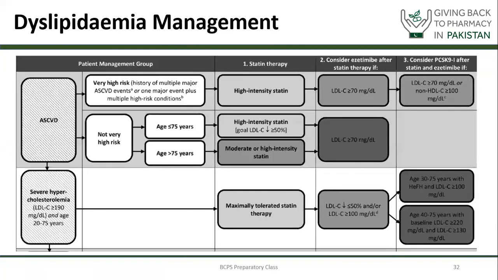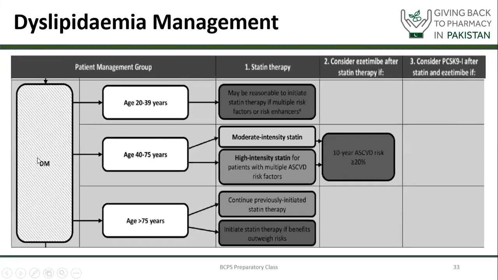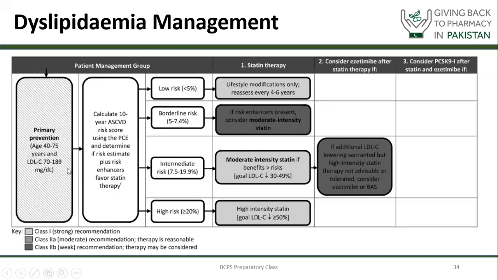So dyslipidemia management, as I have told, the patient management groups, they have divided the patients in four stages: atherosclerotic vascular disease risk factor, severe hypercholesterolemia, next diabetes mellitus, and then primary prevention.